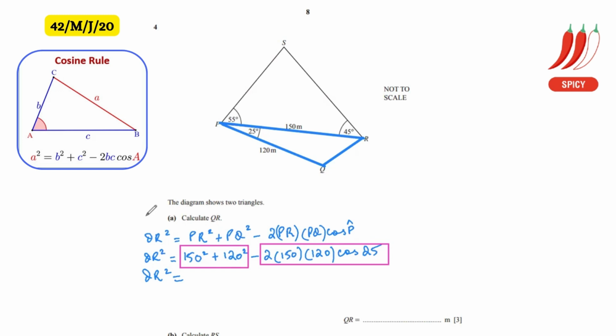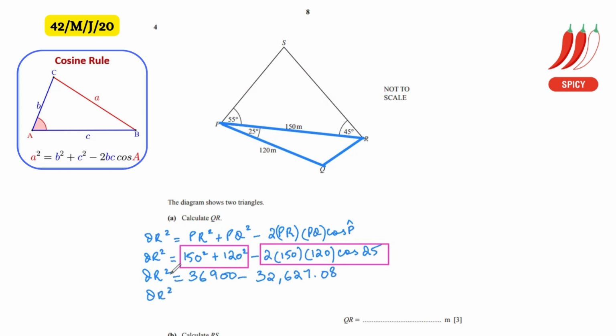So 150 square plus 120 square gives us 36,900. And the other one, that's 2 times 150 times 120 times cos of 25, and that is 32,627.08.